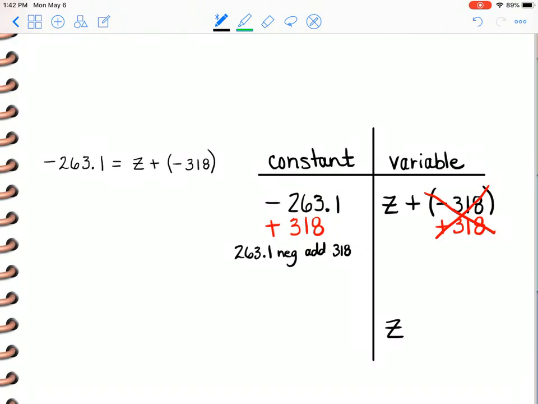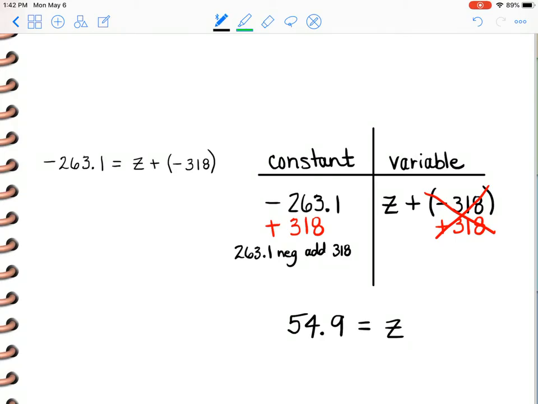Negative 263.1, add 318, and that looks like 54.9. Let me double check that, please. Negative 263.1 plus 318 is, yes. It's a good thing I didn't do that one in my head because I would have missed it.